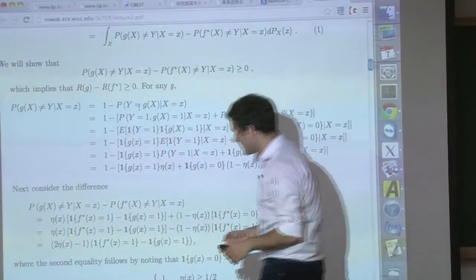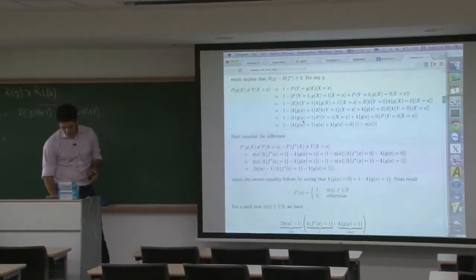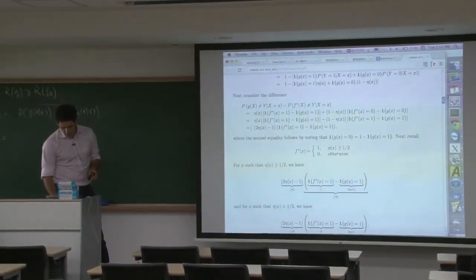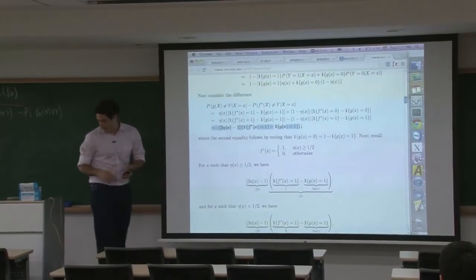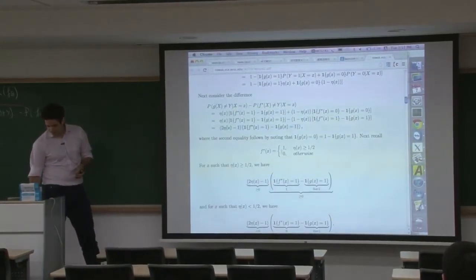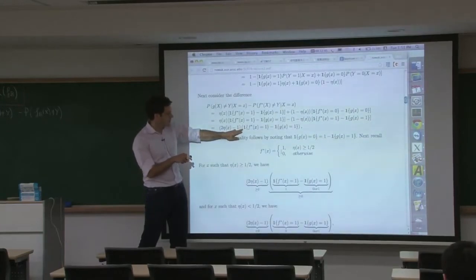In the end, this is a bit long, but the expression that you get for the integrand is 2 times eta of x minus 1 times this difference. Okay?